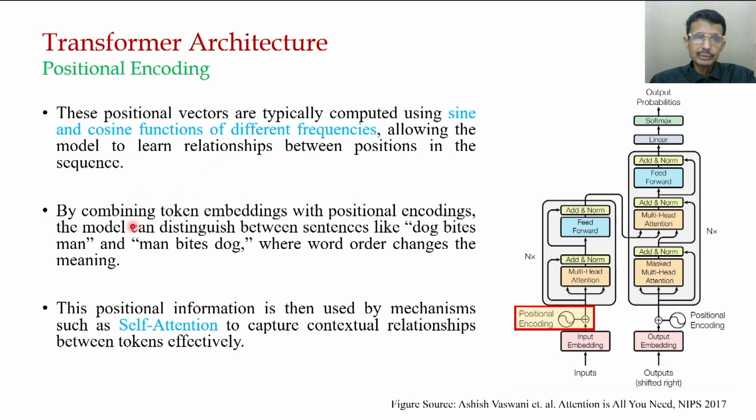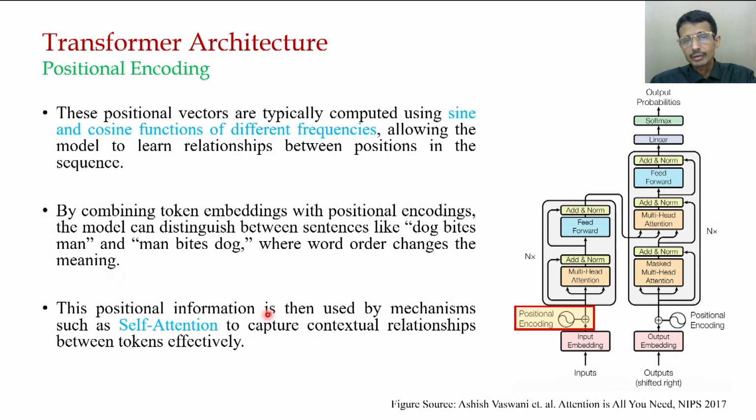By combining token embeddings with positional encoding, the model can distinguish between sentences like "dog bites man" or "man bites dog". The words are the same, but since their positions are different, the meanings are completely different. Word ordering changes the meaning.